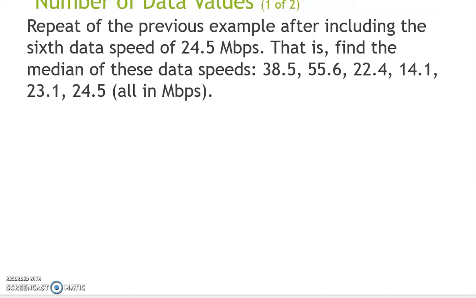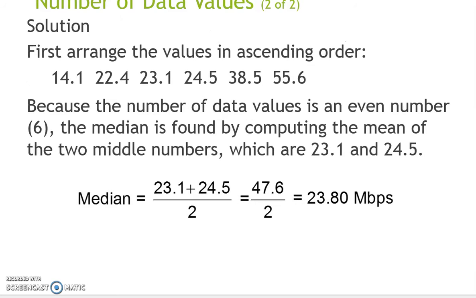Now, if we add one more data value, suppose we have 6 data values, from 38.5 up until 24.5. This time, let's see how we compute the median. First thing we need to do is still sort the data values from lowest to highest. And the median is sort of in the middle, right?